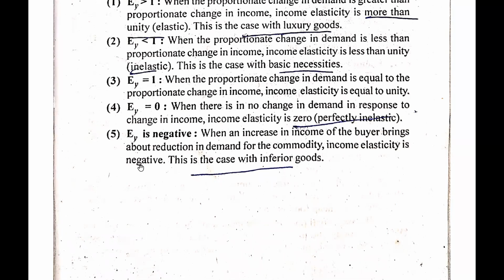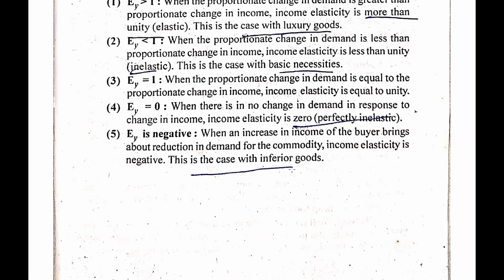And guys, the fifth type of income elasticity is negative income elasticity. When an increase in income of a buyer brings about a reduction in the demand of the commodity, income elasticity is negative. This is the case of inferior goods. For example, my income is less, so I am using inferior goods.